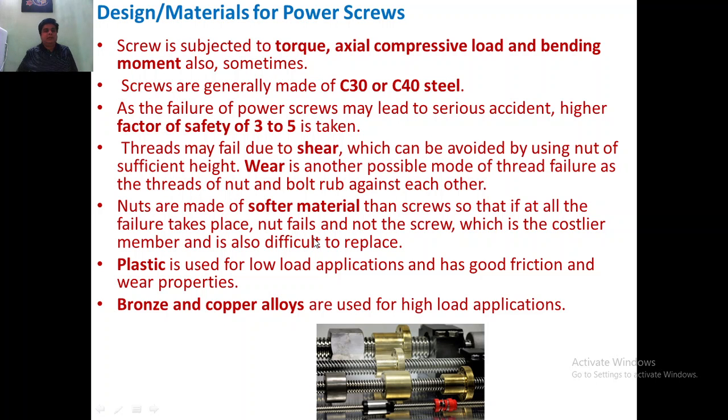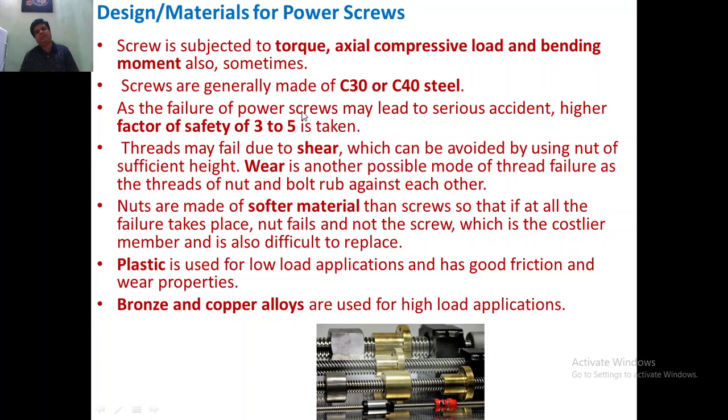Coming to the design, or selection of materials for power screws. The screw is subjected to torque, and also axial compressive loads and bending moments. Usually the screws are made of steel with C30 or C40 grade steel, and we take a factor of safety of 3 to 5 because the power screws are designed for critical applications, and the chance of failure should be less.